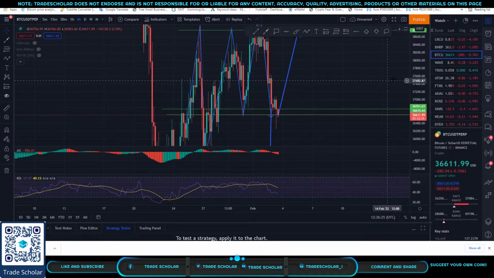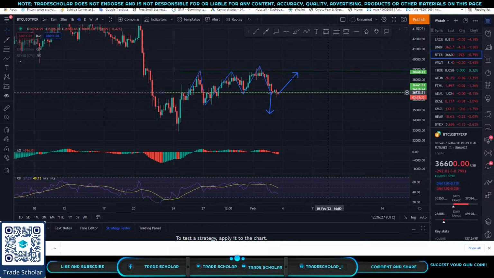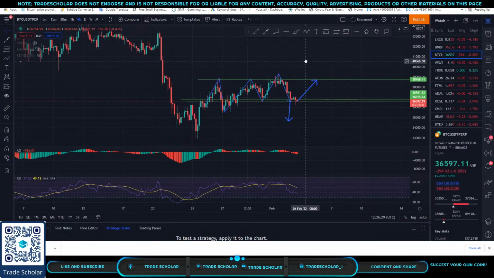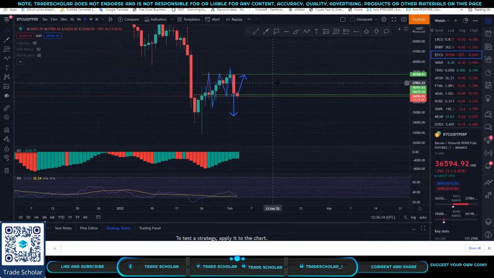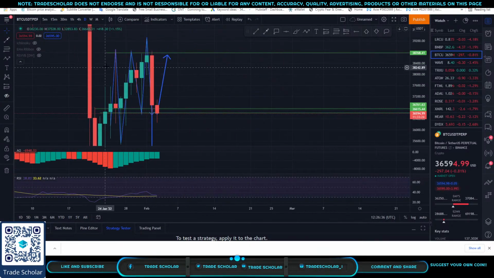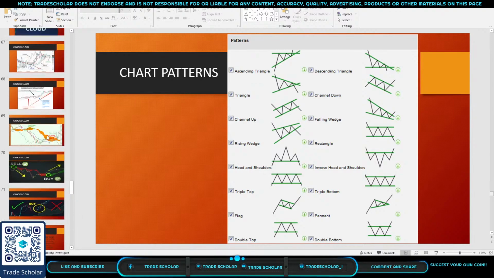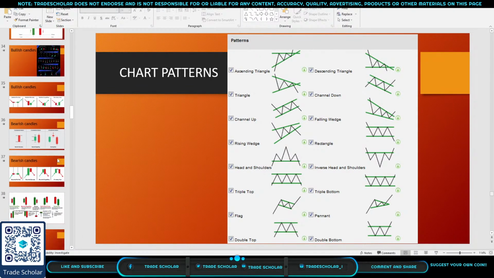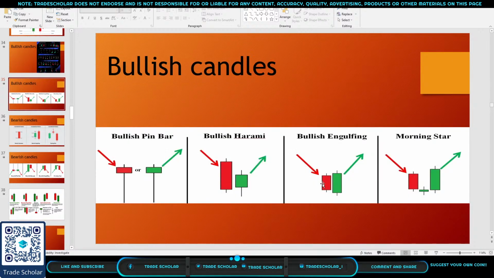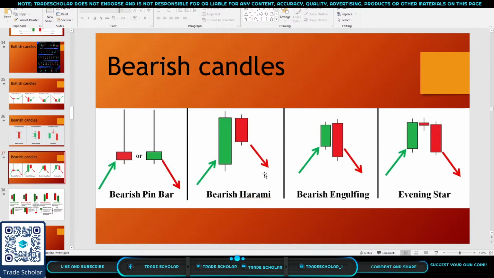Let's check now how to trade. If you're asking how to trade this one, this is the daily time frame. On the daily time frame, we have a bearish engulfing. Small green, big red. Let me check the candlestick for you so you see it with your eyes. Small green, this is a bullish candle, then a bearish candle.